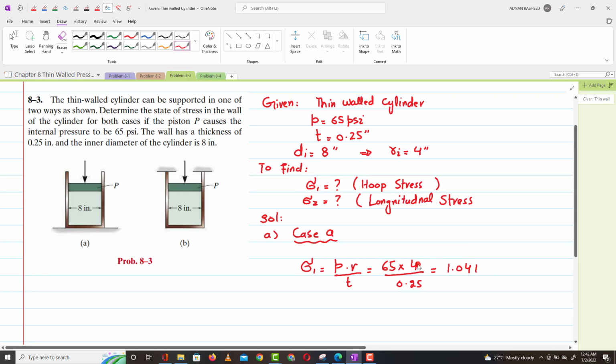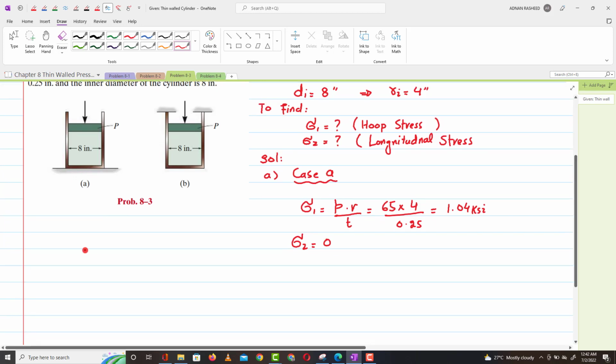And longitudinal stress in this case will be equal to 0 because this is supported at this position.